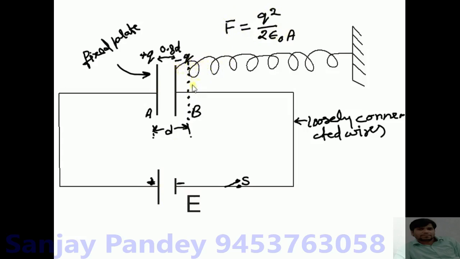As plate B is free to move towards plate A, it is only connected with the spring. So due to this force of attraction, plate B moves towards plate A, and as B starts moving towards plate A, there will be extension in the spring. Suppose in equilibrium the extension in the spring is X. Then the restoring force on this plate due to this spring will be in this direction, and the magnitude of the restoring force will be given by F is equal to Kx.